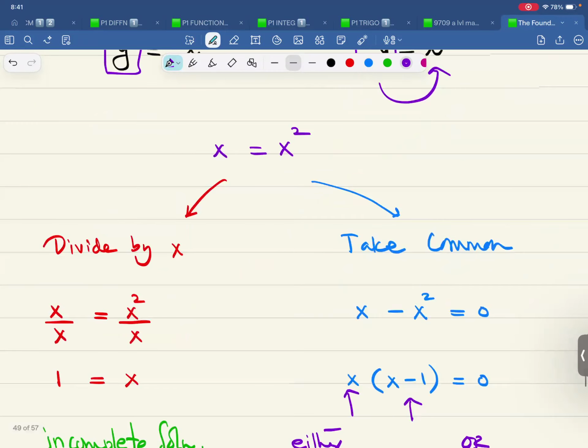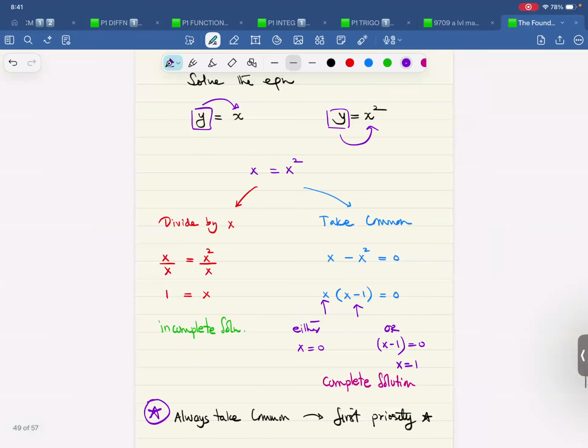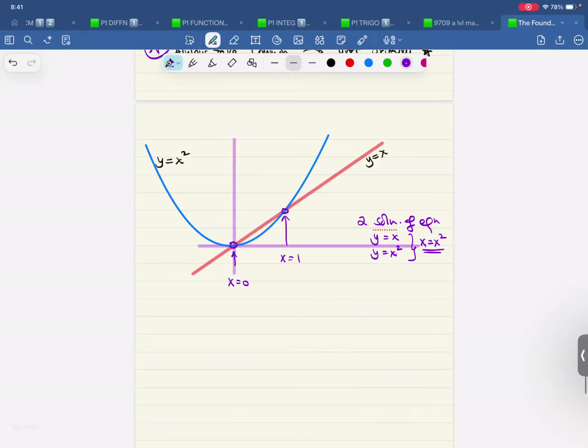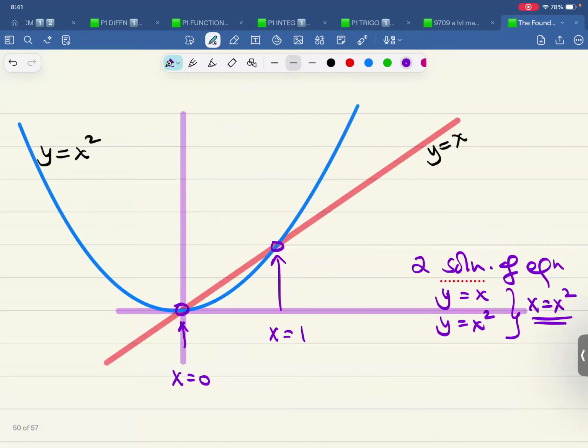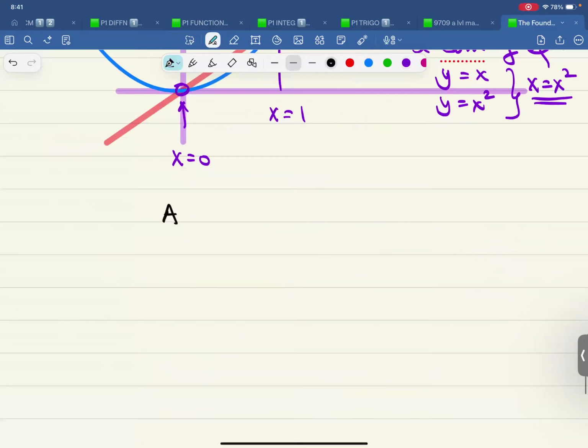The other approach is an incomplete solution. Is all good, all clear? So now just put a star over here and let me know if it's all good. This is the graph. This is the working, the algebra. And this is how it's evident from the graph. So always remember, in AS level maths, people ask this question.